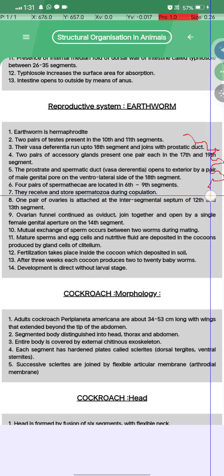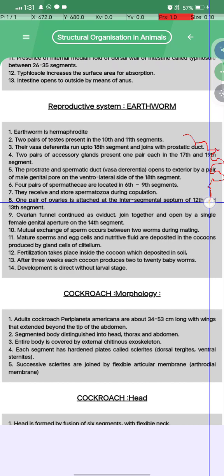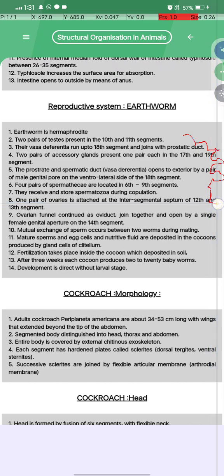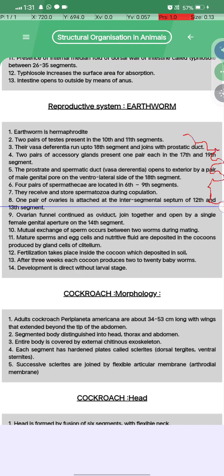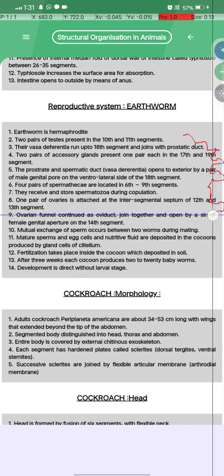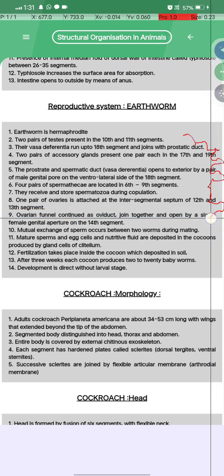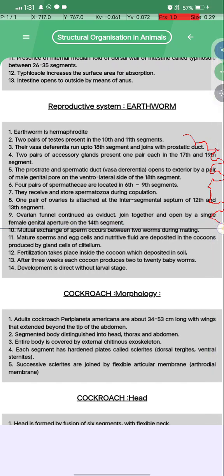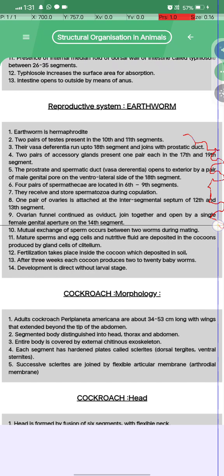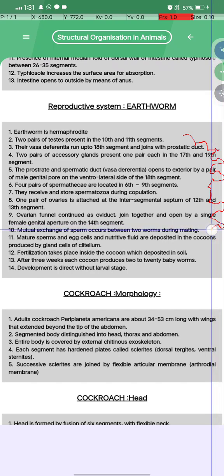They receive and store spermatozoa during copulation, and one pair of ovaries is attached at the intersegmental septum of the 12th and 13th segments. The ovarian funnel continues as an oviduct, and they join together and open by a single female genital aperture on the 14th segment.